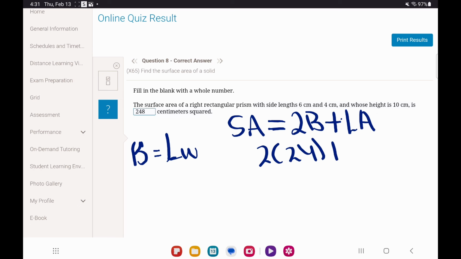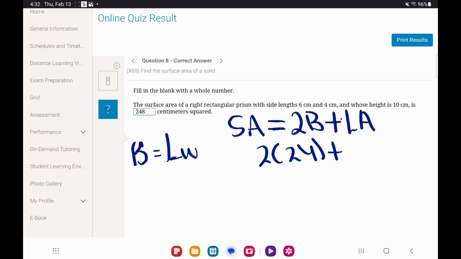Now lateral area is perimeter times the height. Our perimeter is gonna be 6 plus 6 plus 4 plus 4, because it's rectangular, so the opposite sides have the same value. So we have 2 6s and 2 4s. 6 plus 6 is 12, plus 4 plus 4, which is 8, so it's 20.